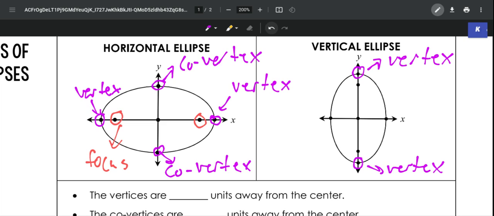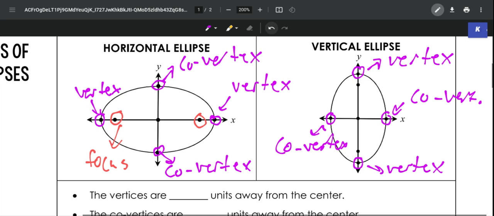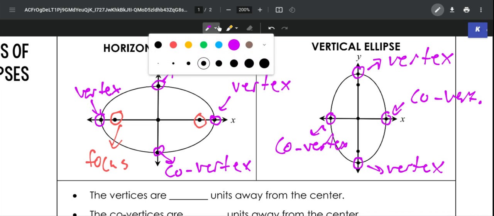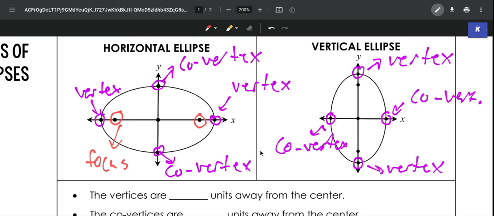And then these two endpoints here are endpoints of the smaller axis of symmetry, or the minor axis. So those are going to be co-vertices. That's a co-vertex, and this one's a co-vertex. And the last thing: you'll notice that our focus has changed.